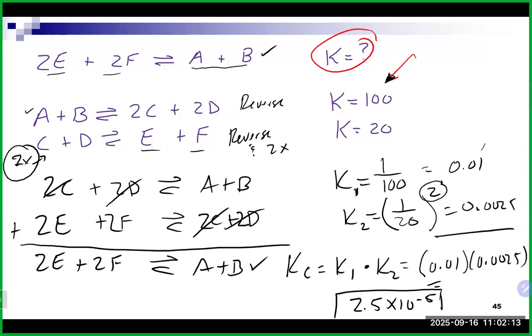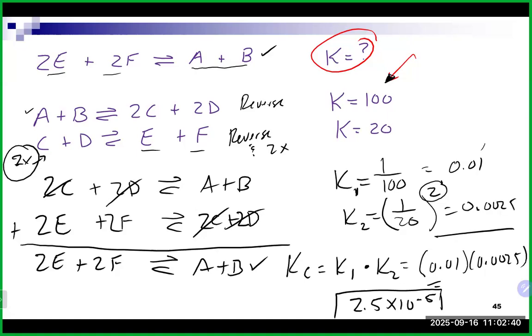If you multiply by 3, you would need to cube it, take it to the third power. Multiply by 4, you need to take it to the fourth power and so forth. So by whatever number you multiply everybody by, you need to take the K value to that power. And same thing if you divide. Whatever you divided everybody by, you would take the root of that, either the square root, cube root, fourth root, whatever it may be in that case.